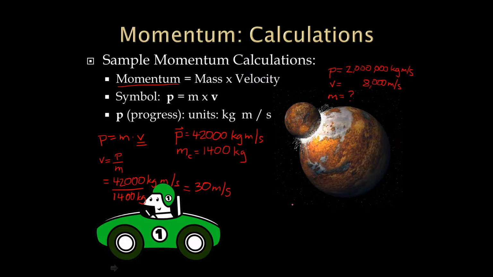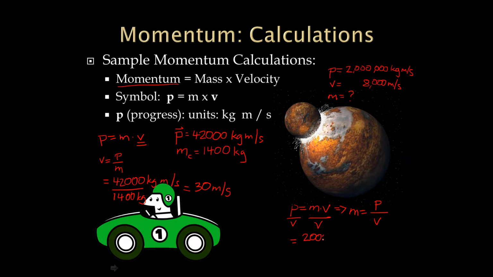Let's go ahead and do the numbers. We know that our momentum is mass times velocity, which means that we could also express this as mass is equal to our momentum divided by our velocity.